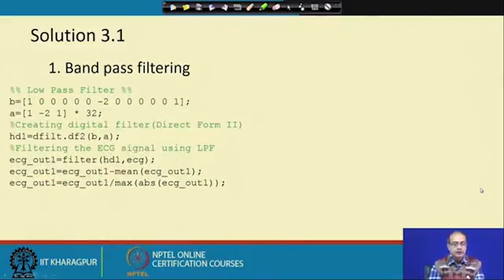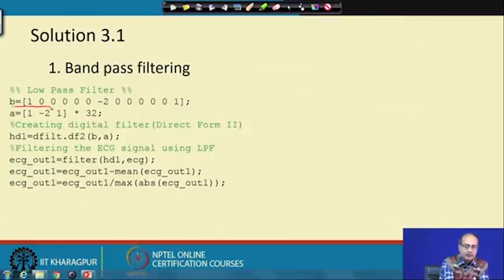First, we find that for the band pass filter, Pan-Tompkins has actually suggested a low pass filter followed by a high pass filter, that gave a band pass filter. For the numerator we find that these are the coefficients.